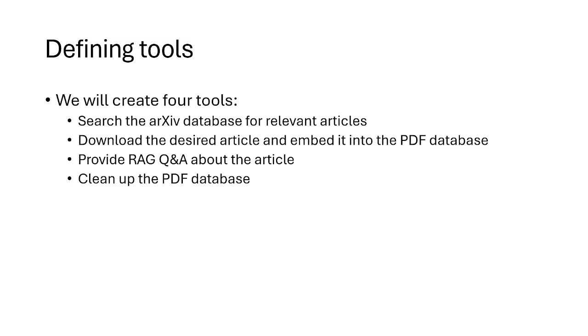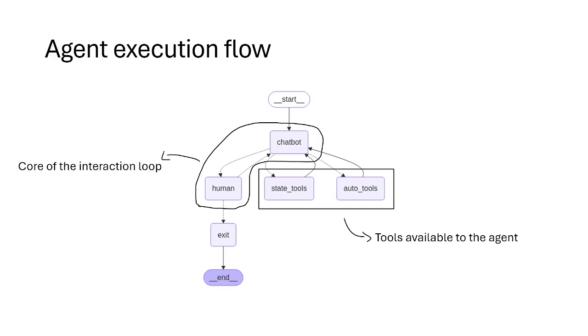It should be used by the agent after the user selects a paper they want to talk about. Third one will be used by the agent to search through the paper in order to find answers for the user. Finally, fourth one will be used by the agent to clean up the PDF database in order to prepare for the next paper.